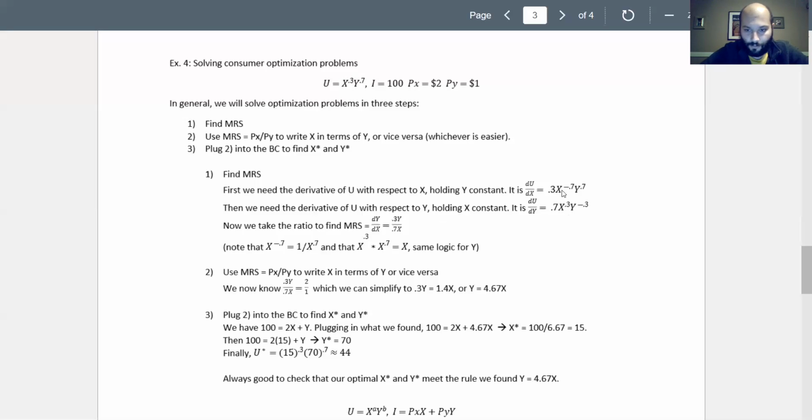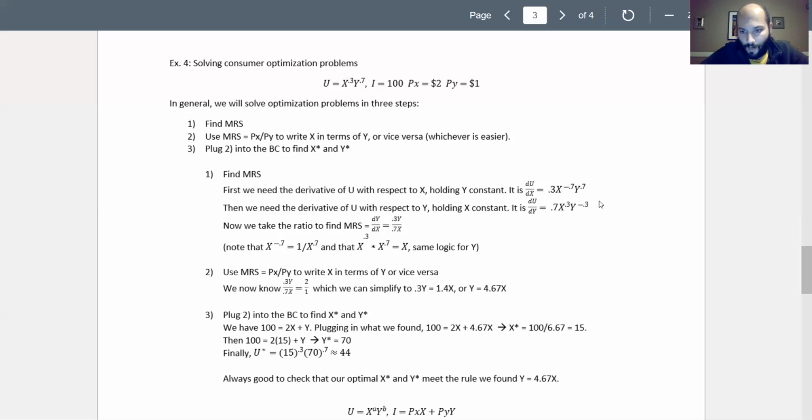So now we take the ratio to find the MRS, we divide them, right? We've got our 0.3 over 0.7, and we can combine our x's and y's. x to the negative 0.7 is the same thing as 1 over x to the 0.7, so we can put that down here. We get x to the 0.3 times x to the 0.7 when we multiply them together, which makes an x.